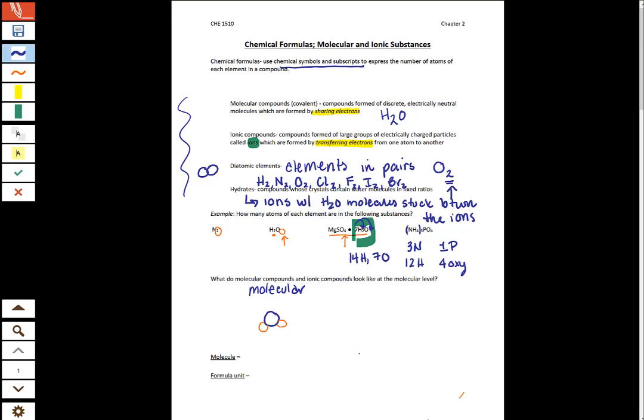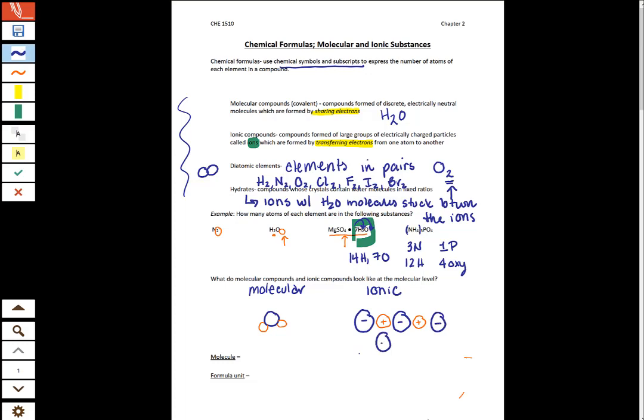Whereas for an ionic compound, because we had a transfer of electrons to create ions, one ion will be positive, one ion will be negative, and positives and negatives are attracted to each other. So maybe you have a negative ion sitting next to a positive ion, which is sitting next to a negative ion, which is sitting next to a positive ion, and so on and so on.